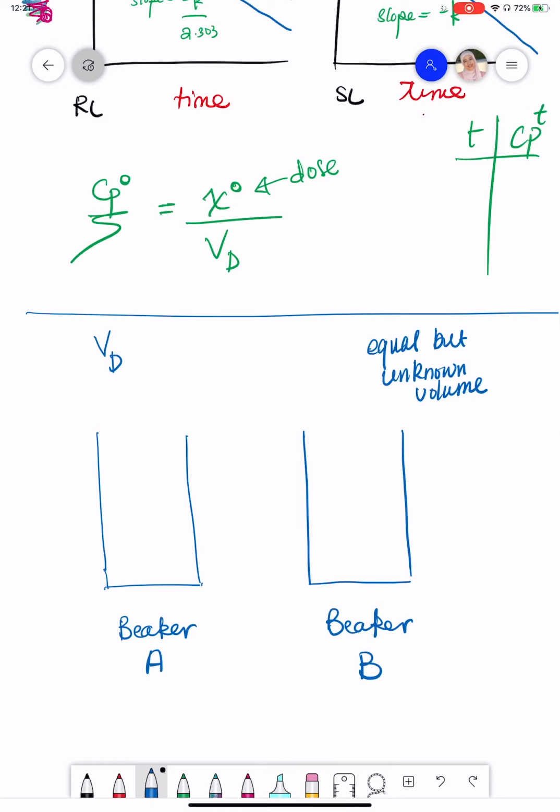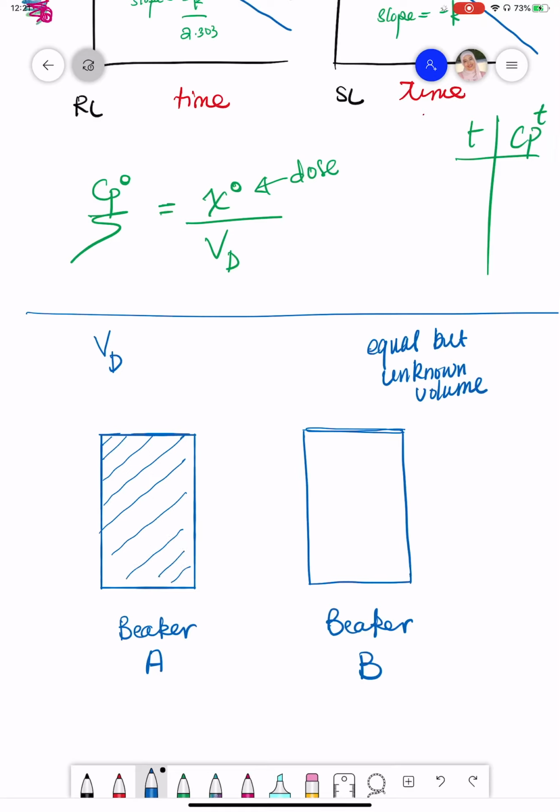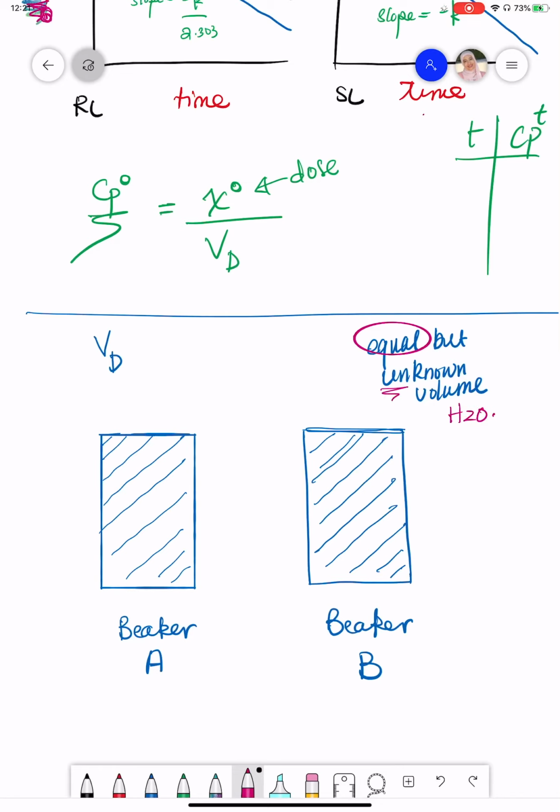Let's still use the same color here. So we have water inside, so we know for sure that both of those beakers have the same volume of water, but we don't know how much.